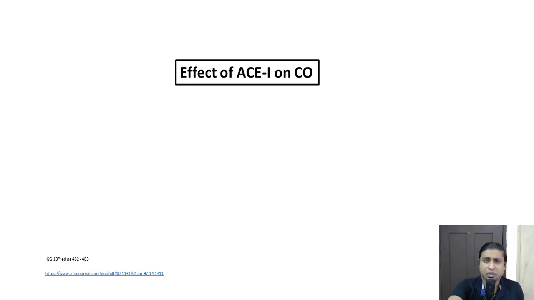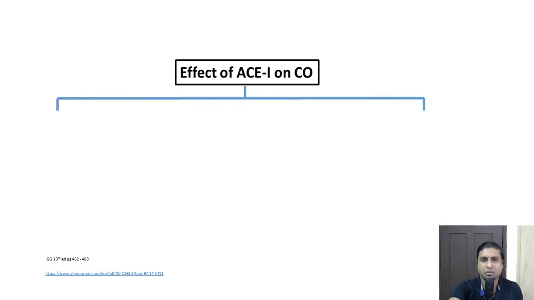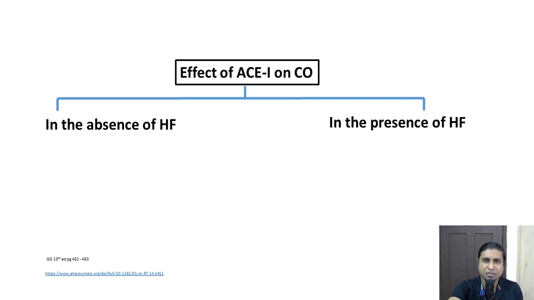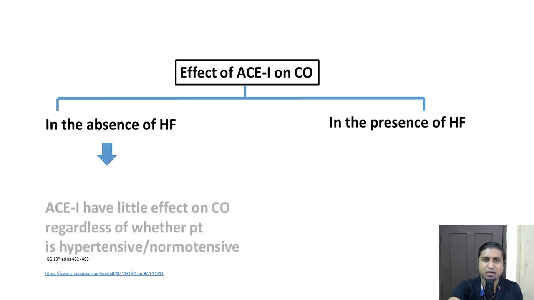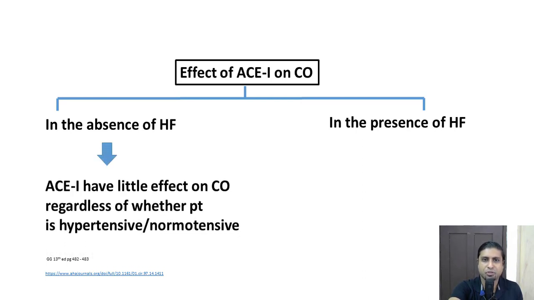It's interesting to note that the effect of ACE inhibitors on cardiac output is different in the presence and absence of heart failure. In the absence of heart failure, ACE inhibitors don't do much to the cardiac output. It remains more or less unchanged. But if the patient does have heart failure, ACE inhibitors will increase the cardiac output.